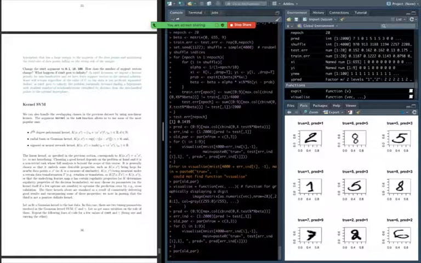Say you have different social classes and you don't want to act on them in the same way.